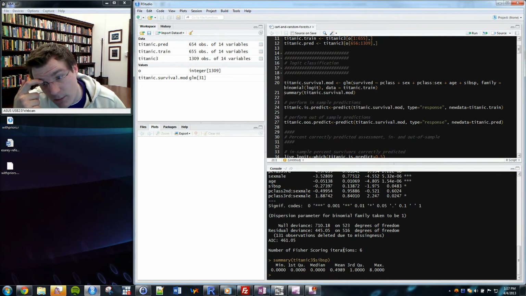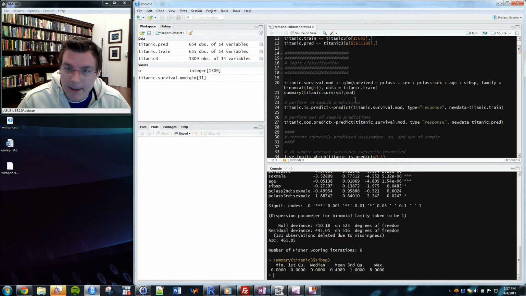Yeah, this is actually the number of siblings they had on board, because this maxes out at 8. And that's it. That's all that goes into the model.